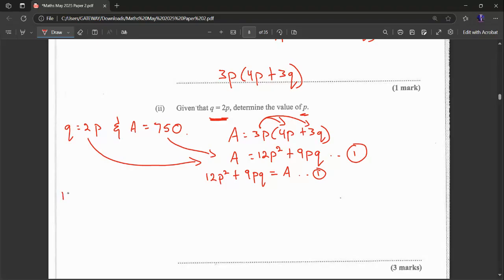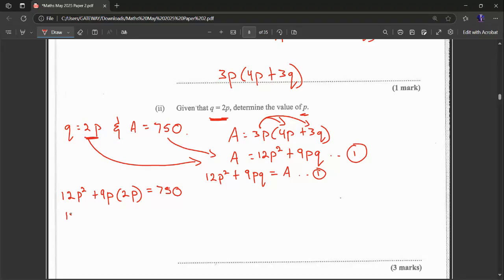So I write back the 12P squared plus 9P. Instead of Q, I am going to put 2P because Q is equal to 2P. So I'm just replacing the letter Q with 2P. So I will have everything in terms of P and I could just solve for P. And that is equal to 750 because A is equal to 750. I'm replacing A with 750 as well.